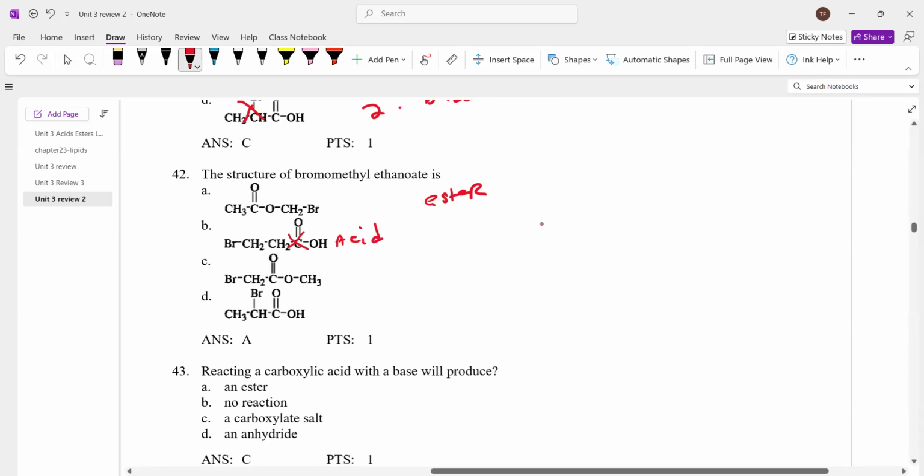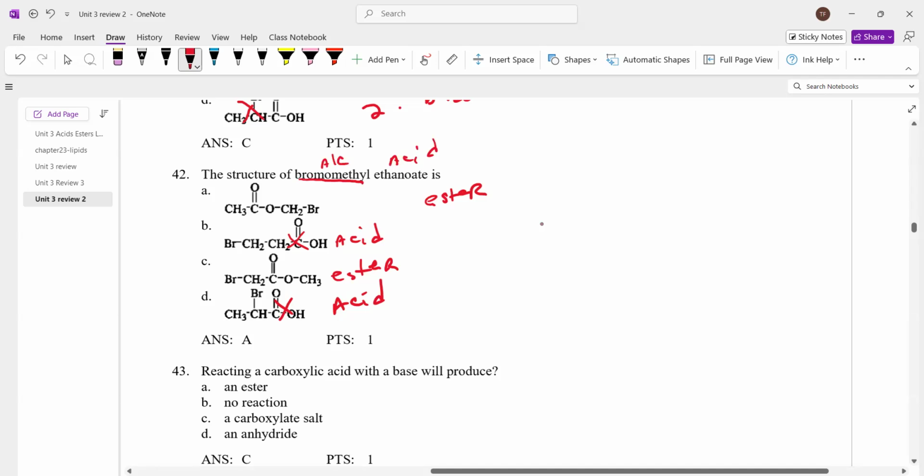This is an ester. This is an ester. This is an acid. So there's definitely not the acids. Okay, so methyl, bromomethyl, that means the bromo is with the alcohol, not the acid.